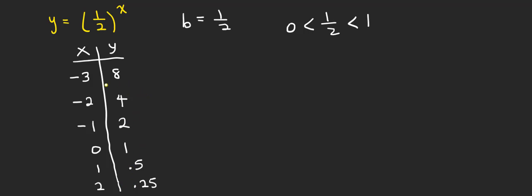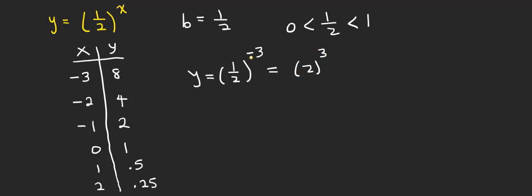Now let's review. How come when x equals negative 3, the y value is 8? Well, when x equals negative 3, the y value will be quantity 1 over 2 to the negative 3. Now remember, this is the same thing as 2 to the third power.